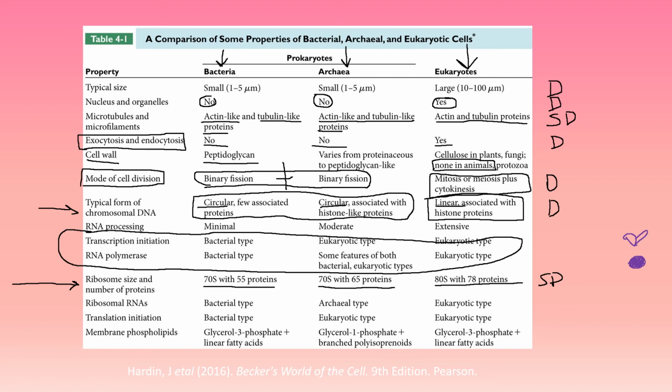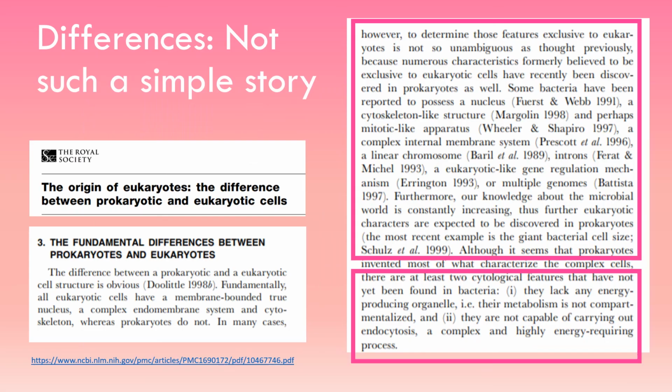If that's a ribosome in a eukaryote, that might be the size, slightly smaller in archaea, and that might be the size in a bacteria. So you can see that's what we mean by 55 proteins, 65 proteins, and 78 proteins, just different sizes. And the 70, 70, and 80 is a subunit. So by all means, have a look. It's understandable, but it's not quite necessary for us at this time.